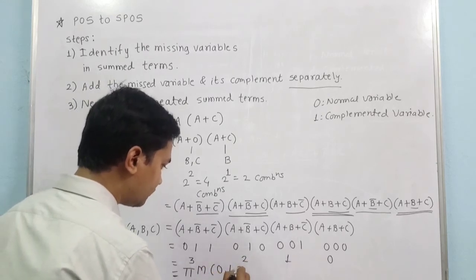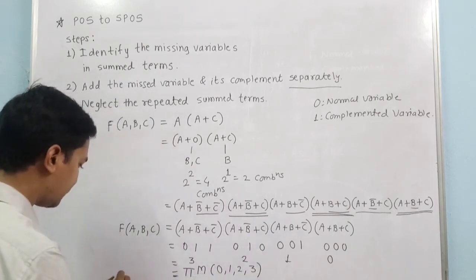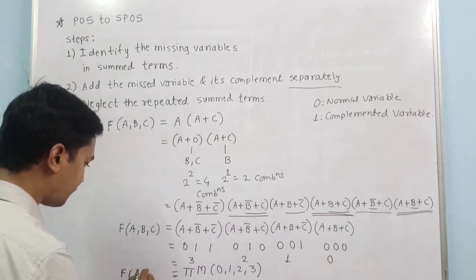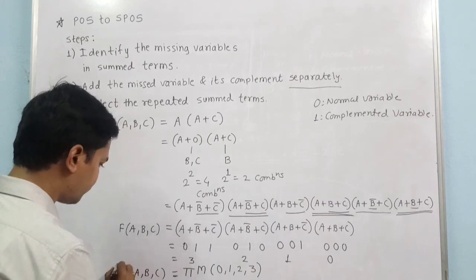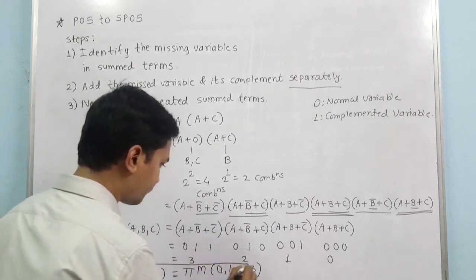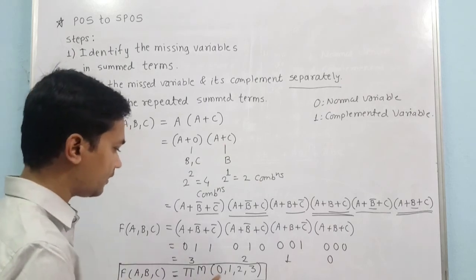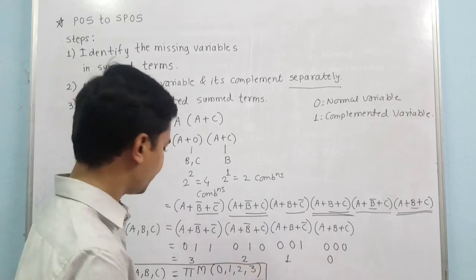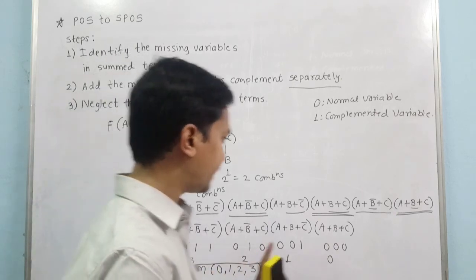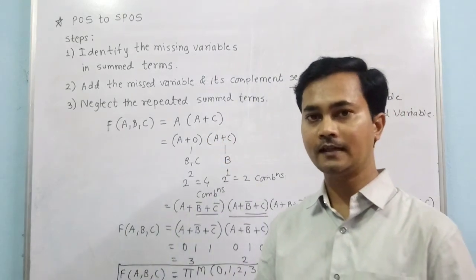Likewise we can write F of A, B, C equals pi M of 0, 1, 2, 3. This is how we can convert the given POS expression to standard POS expression.